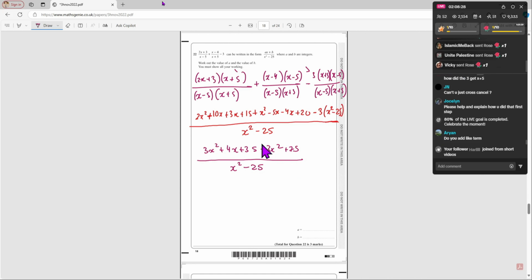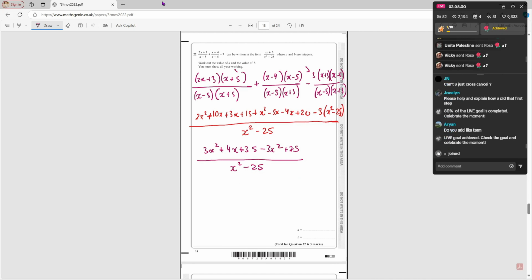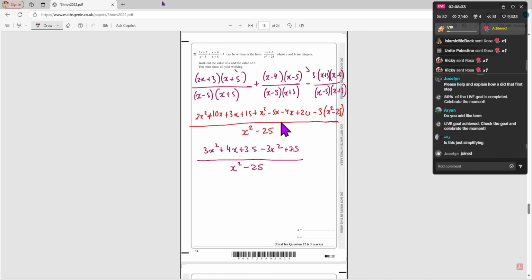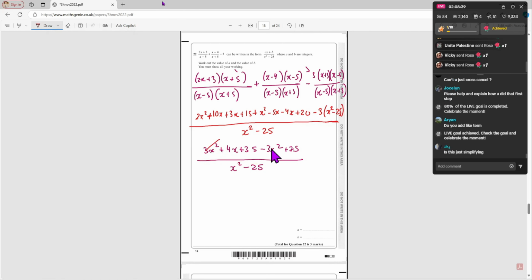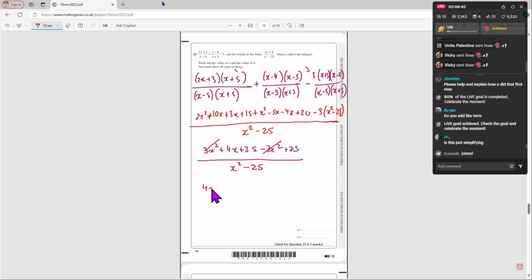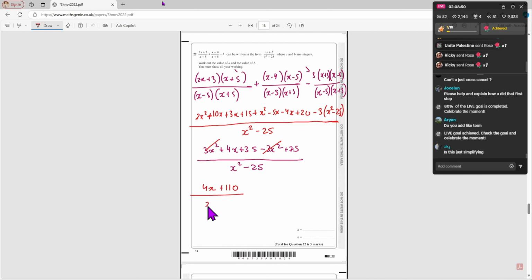I hope you should know how to simplify. And that is going to be your half simplified numerator. And then lastly, we simplify even more. As you can see, the 3x squared and minus 3x squared are going to cancel each other out. We have 4x, then 35 plus 75 is going to be 110. We're going to have 4x plus 110 over x squared minus 25.